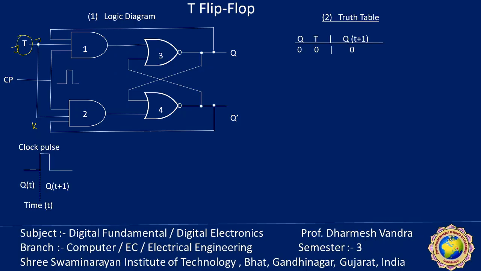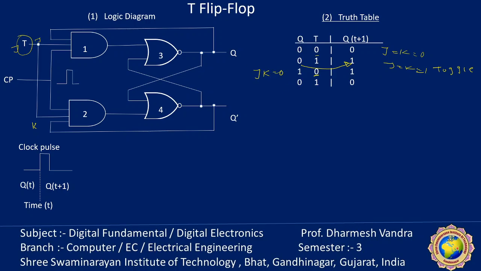When T equal to 0, so J equal to 0 and K equal to 0, so Qt plus 1 equal to Qt. In the 1 condition, J equal to K equal to 1, and at that time it will toggle, changing from 0 to 1 or complementing. Then with T equal to 0 again, there is no change, it remains the same because J equal to K equal to 0.